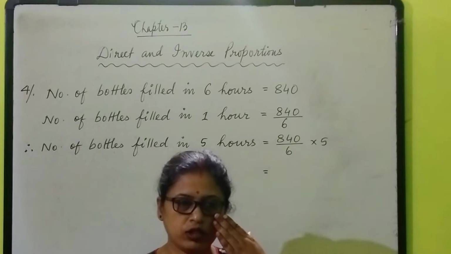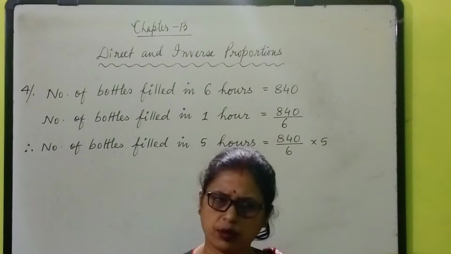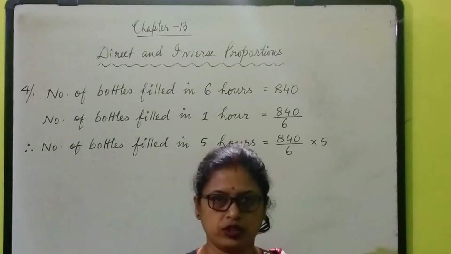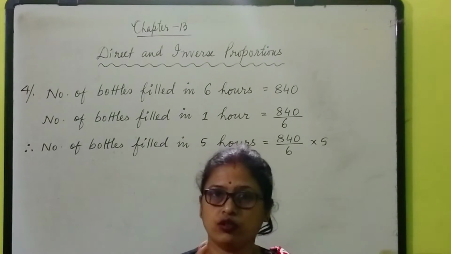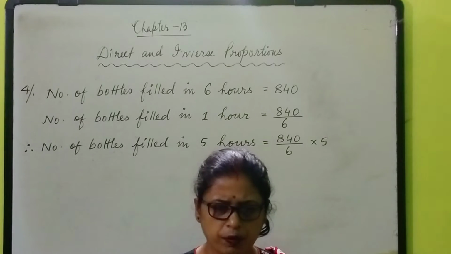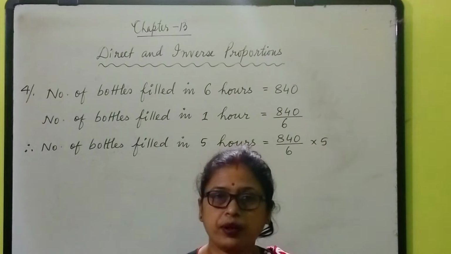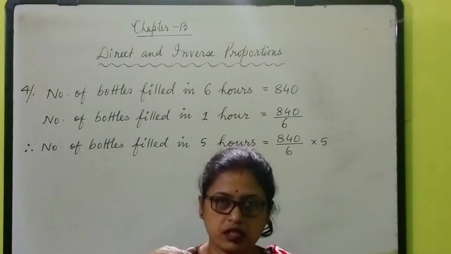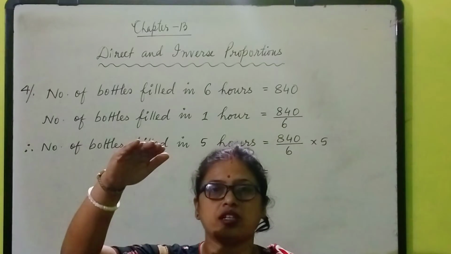Suppose now let us take the concept of direct proportion. Suppose the cost of 1 pen is rupees 5. Cost of 2 pens will be rupees 10, 3 pens 15, 4 pens 20. That means, my dear students, if the number of pens is increasing, the cost is also increasing.